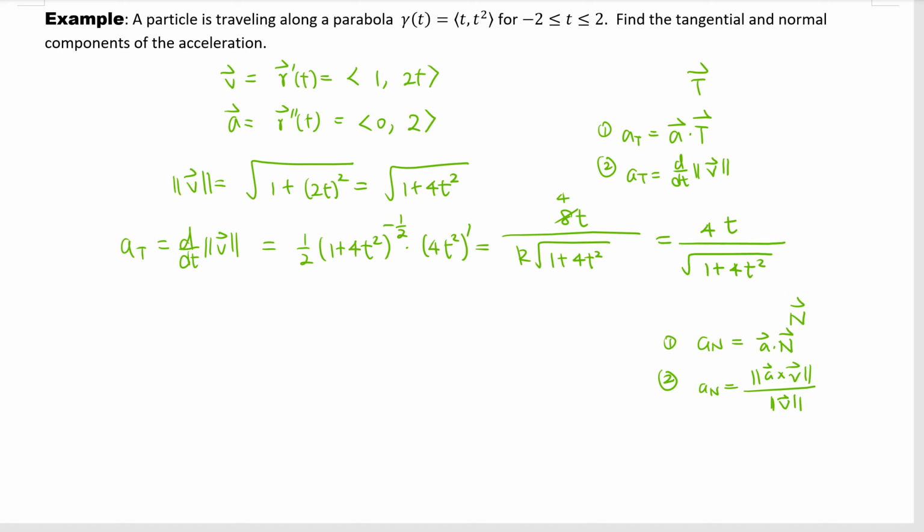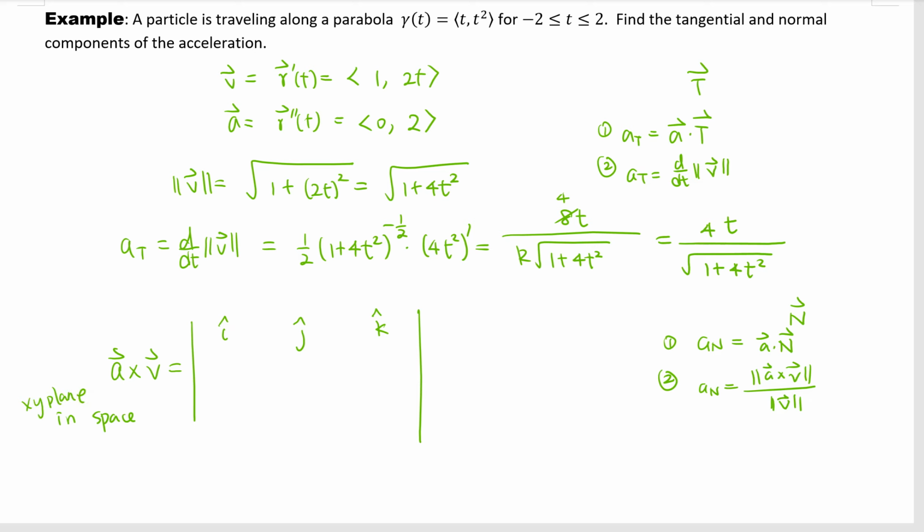So let's see, what's A cross V? We use i, j, k. Because the cross product is in space, you can consider this particle as traveling on the xy plane in space.